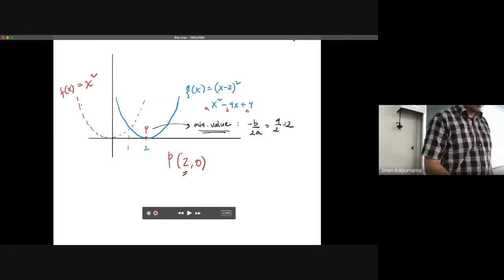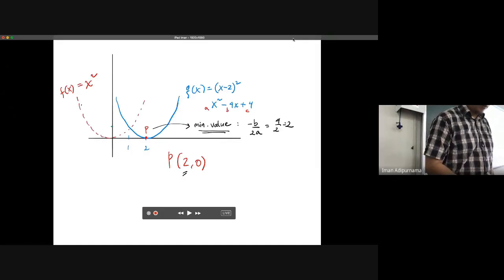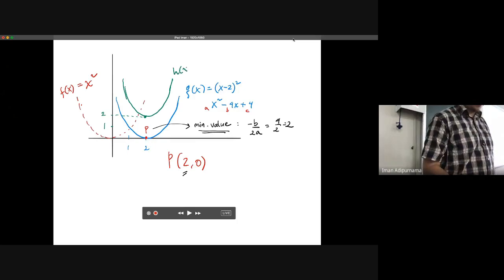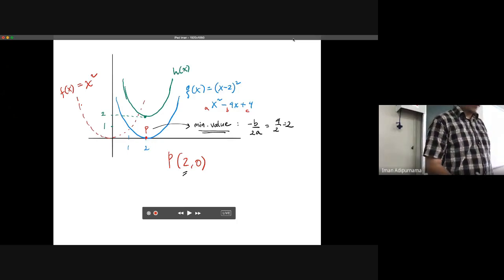And what happens if I have another graph here? Let's say this is a similar graph, and let's say this is h of x. So what is h of x?